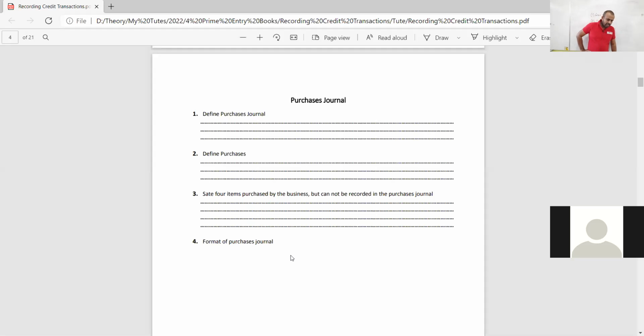Question number 3: State 4 items purchased by the business that cannot be recorded in the purchases journal. Those who don't have the tute, write this question down. State 4 items purchased by the business but cannot be recorded in the purchases journal.